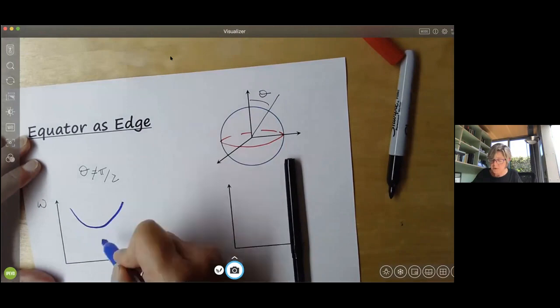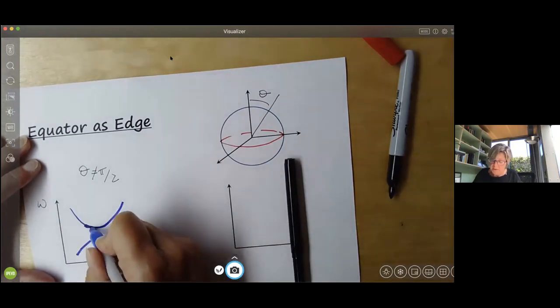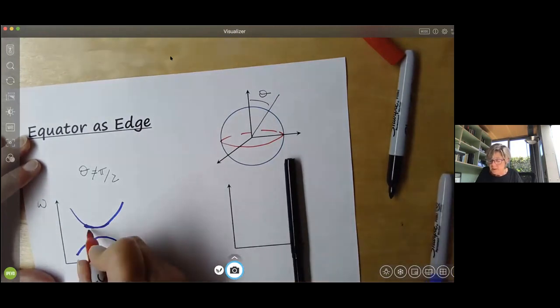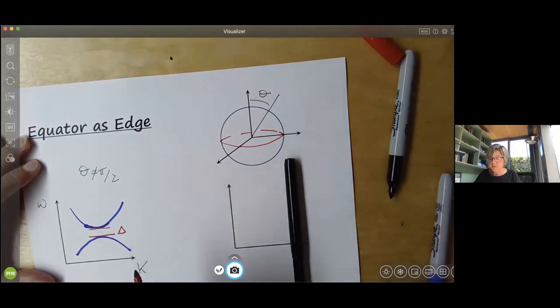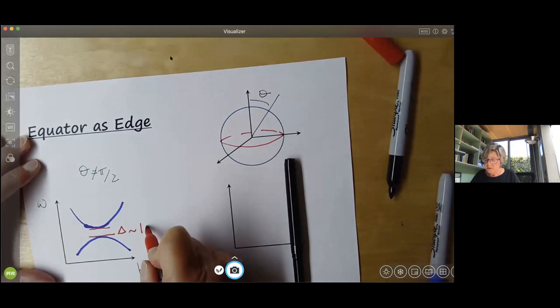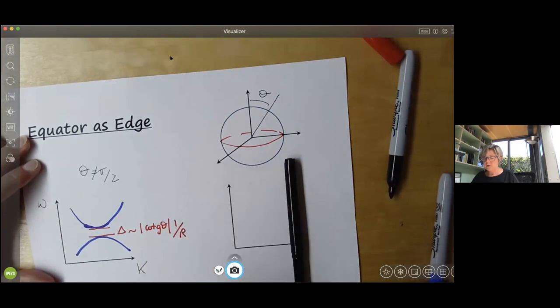So the dispersion relation of my sound waves is supposed to be linear down here near the origin, but it looks something like this. And there is actually a gap, meaning there is a region of frequency where sound waves cannot propagate. And this gap depends on the distance from the equator, and it depends on the radius of curvature of the sphere.